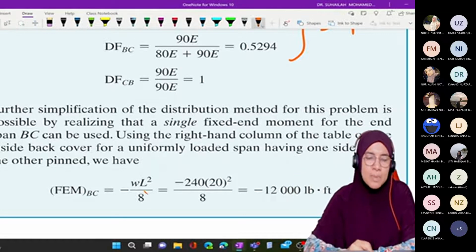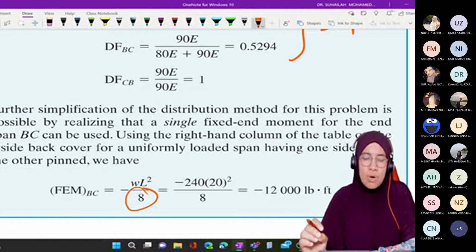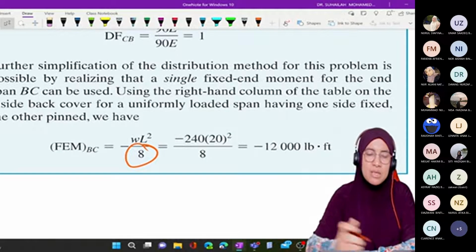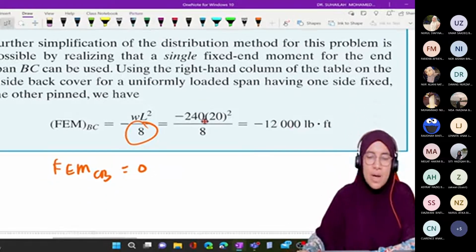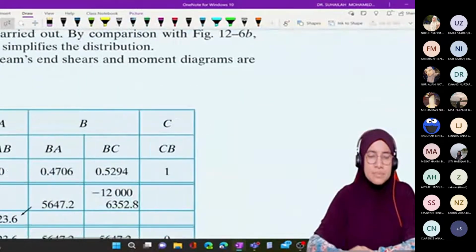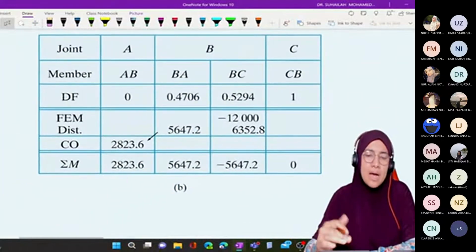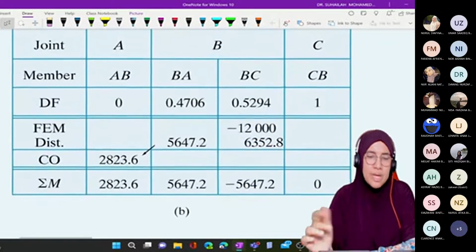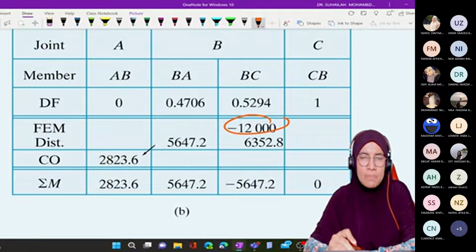So this one directly uses the formula considering an end roller, wL squared over 8. So we get FEMBC only. FEMCB equal to 0. So that is why in the table we only have one cycle, and after that there's no moment to distribute. Okay, so FEM we get one only for BC.